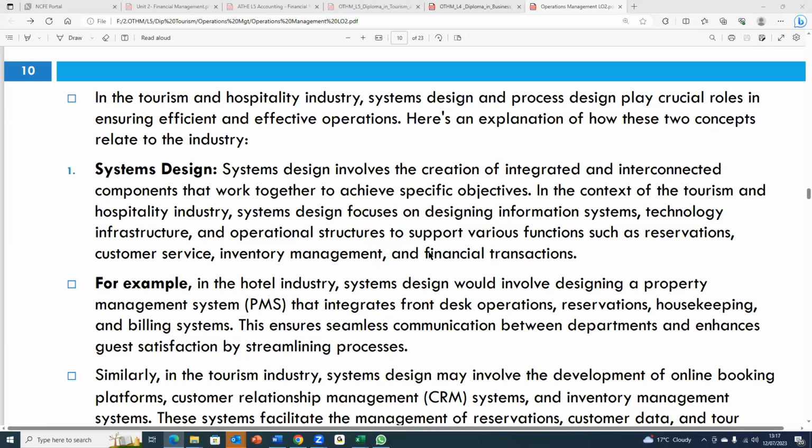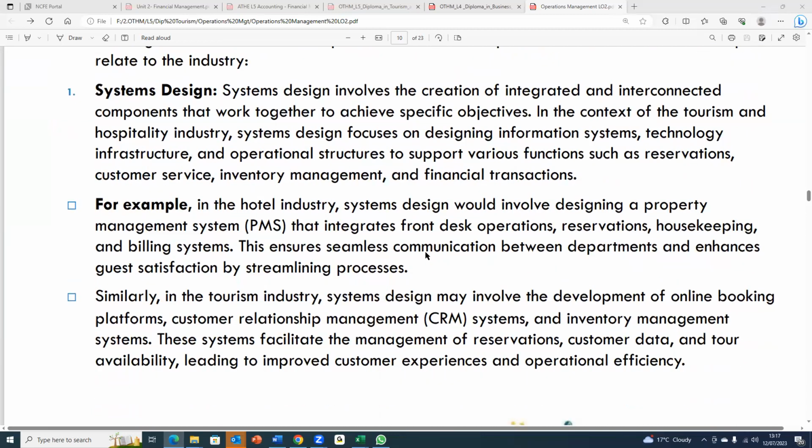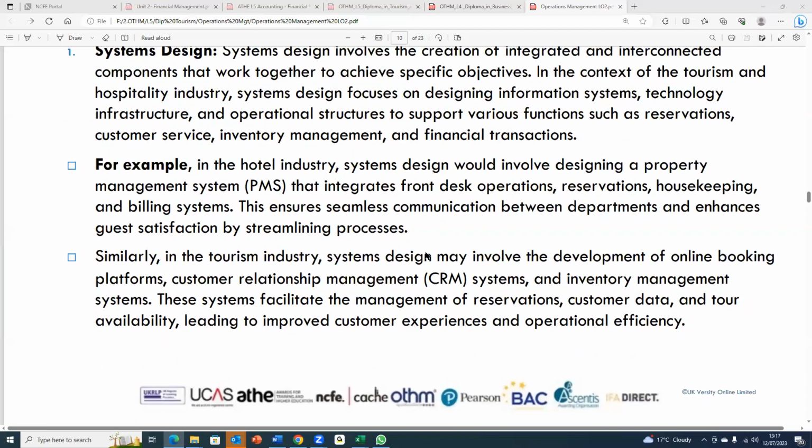Financial transactions, for example, payments, wages, payment of invoices, receipts of invoices from guests, and so on. So these are the systems that we have for your tourism or hospitality industry, to make sure that these are run efficiently. These are continuously making sure that they are doing the service, they are doing the job that they intend to.